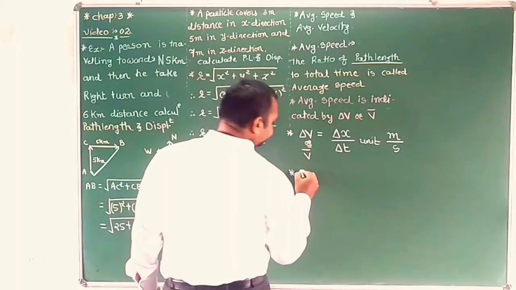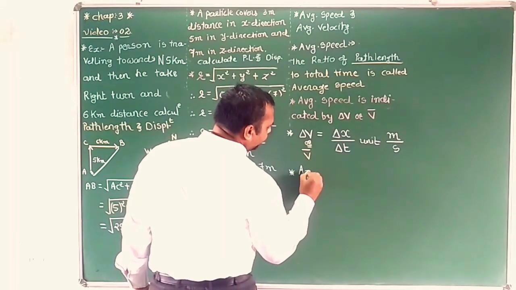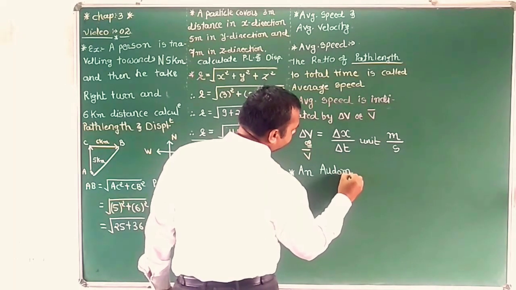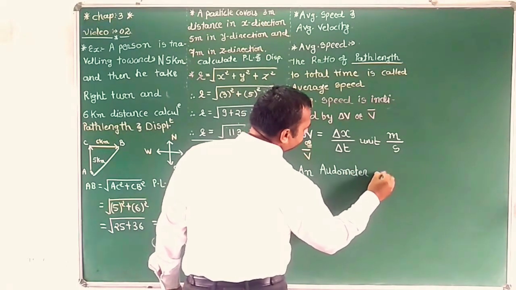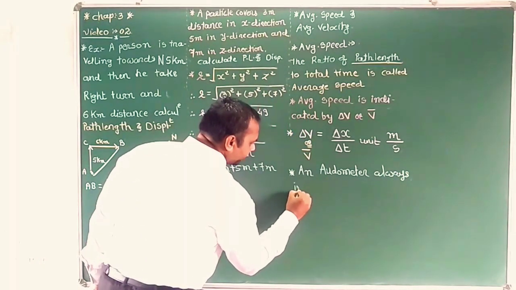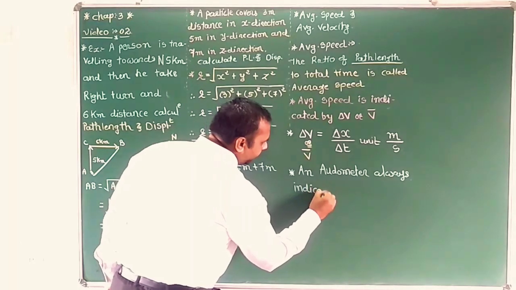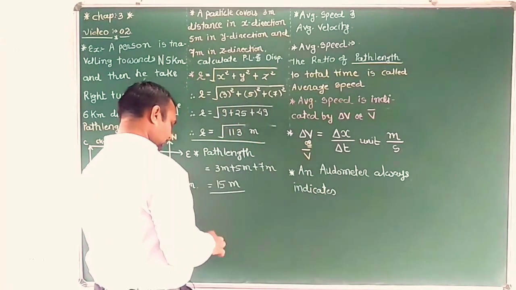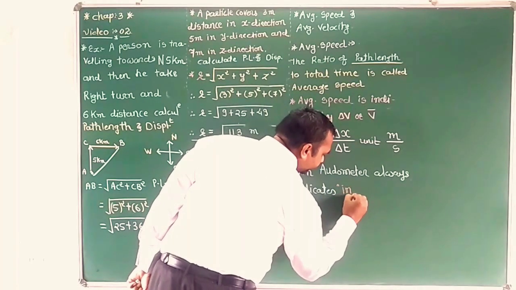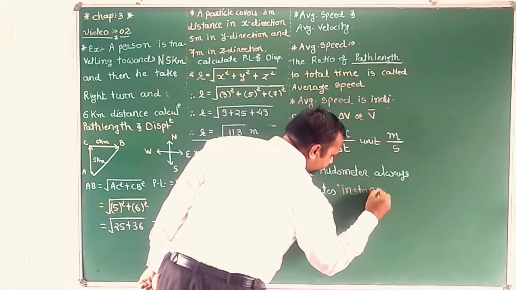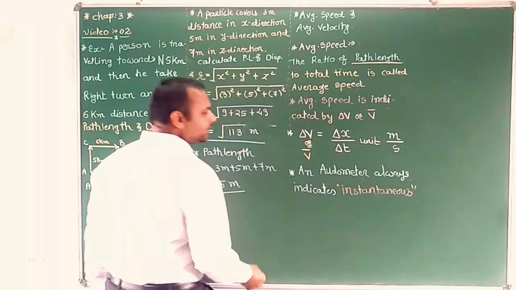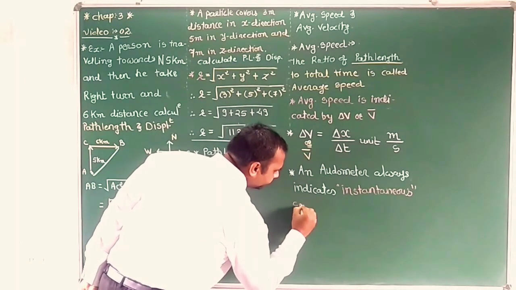So an odometer always indicates speed, and I use one more word, instantaneous speed.